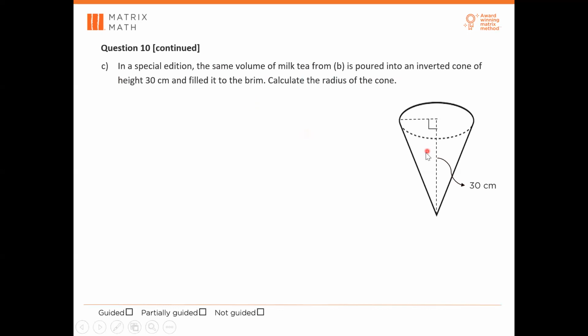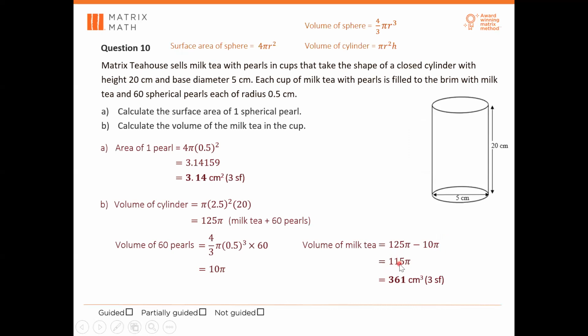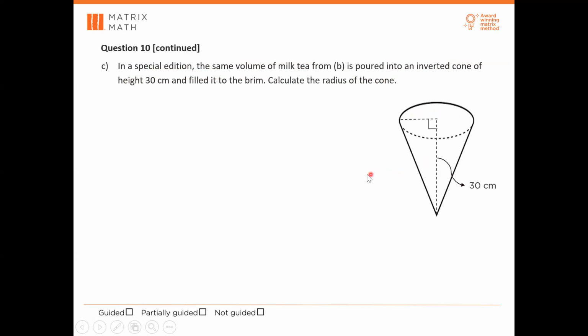So if it just nicely fills to the brim, this 115 pi will be the volume of this inverted cone. We will need to apply the formula for the volume of the cone. Volume of cone is 1/3 times the base area times the height. It's like a pyramid, just that the base is a circle, so pi r squared.